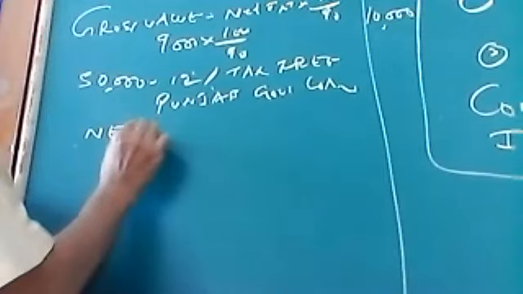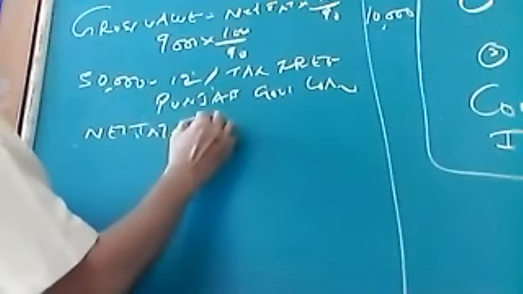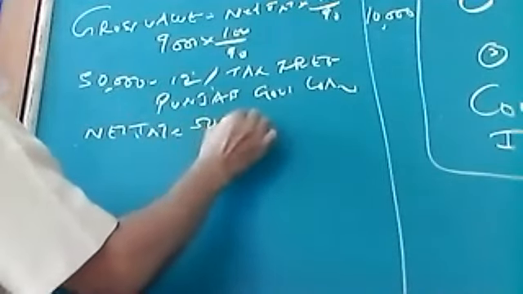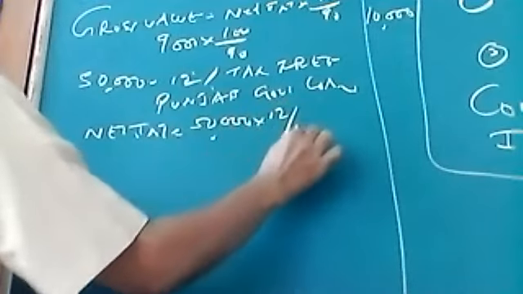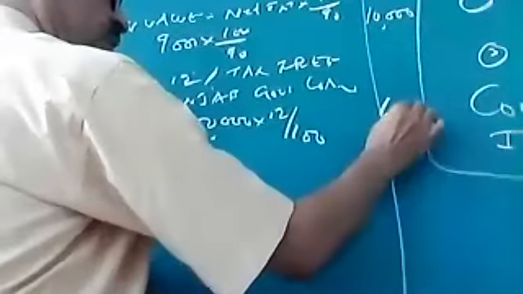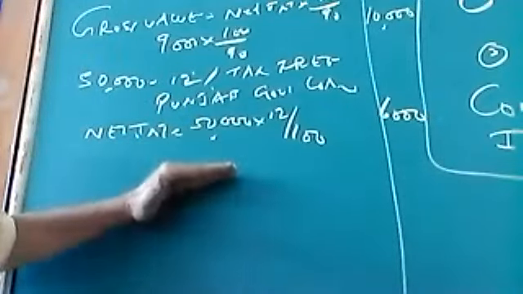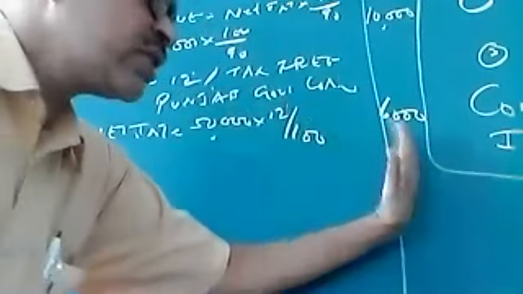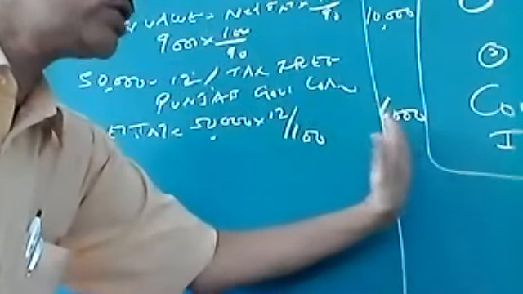How to find out net interest? Net interest is equal to face value 50,000 into 12 divided by 100 interest rate. You will get 6,000 in the rupees column. Here you should not gross up. Why? Because it's a tax-free government security. Whatever the net interest you got, the net interest value is equal to gross interest value.